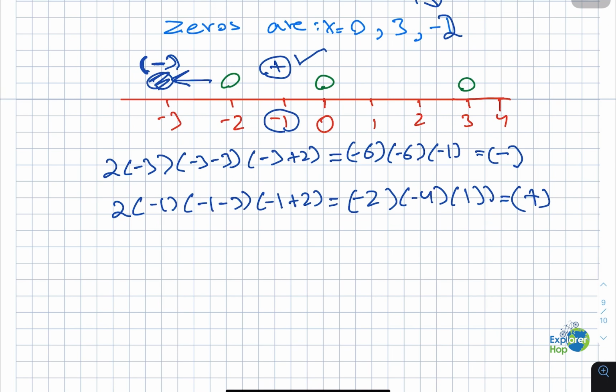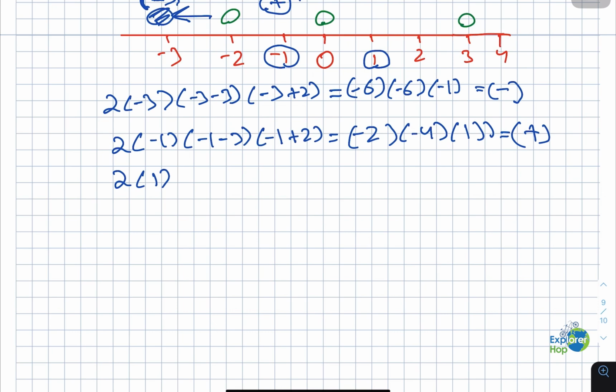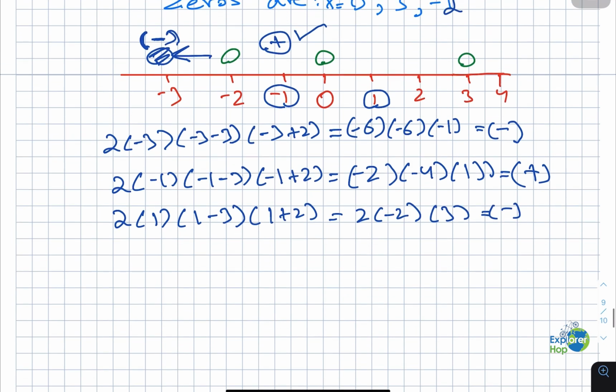Now we need to take a number between 0 and 3. For convenience, I'll choose 1 and substitute it into our expression. So 2 times 1 times 1 minus 3 times 1 plus 2 gives me 2 times minus 2 times 3, a negative number. Therefore this area is negative as well, so this can't be included.